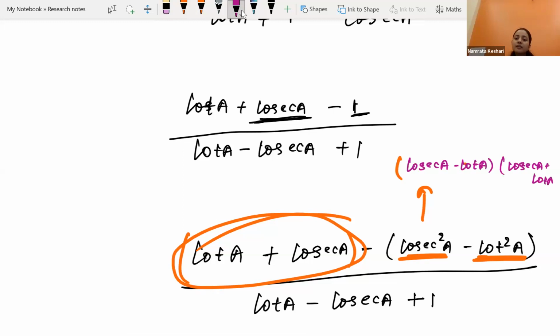and these two are common factors. Can you see the two circled? Yes. Let's continue.